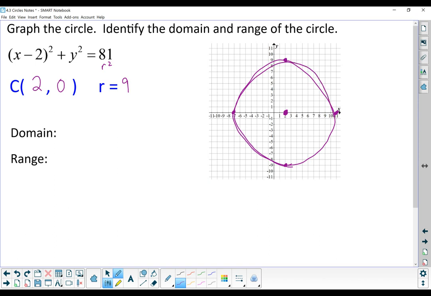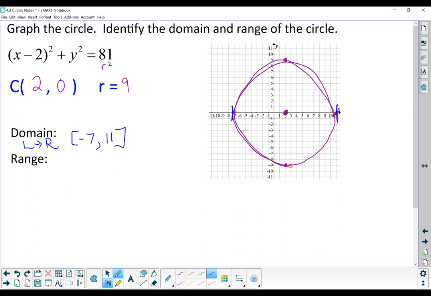Okay, so on this one, we're going to go ahead and graph the domain and range. When you're writing the domain, you're going to think about it from the left side to the right side. So our farthest left value is −7, and our farthest right value, even though my circle is kind of ugly, is 11.